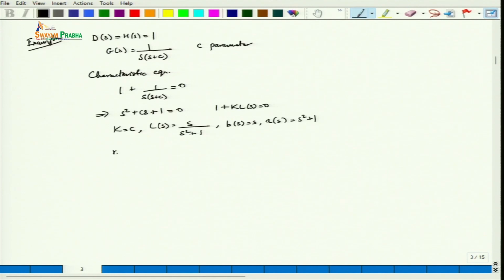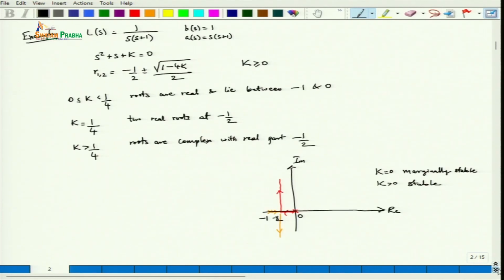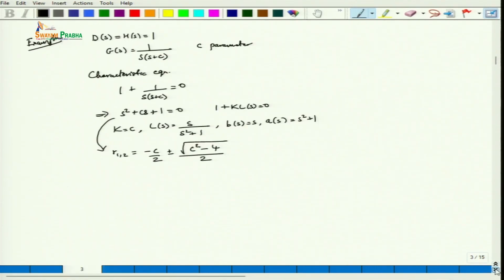And we can find the roots r1,2 for this particular equation as minus C by 2 plus or minus square root of C square minus 4 divided by 2. So, based on this, by varying the values of C, we can plot the root locus.